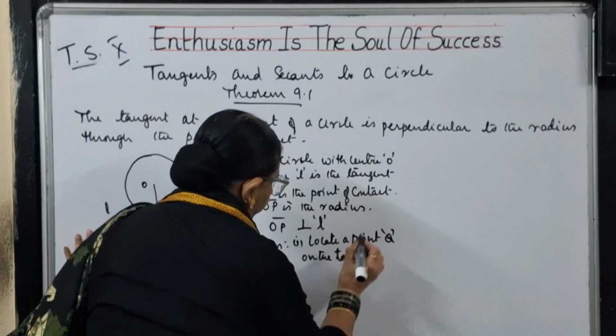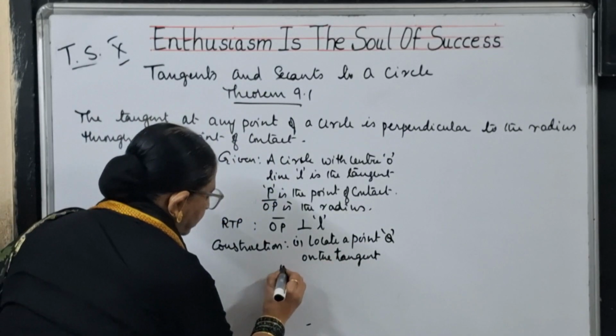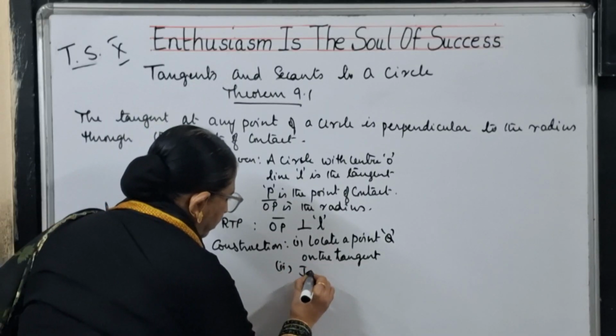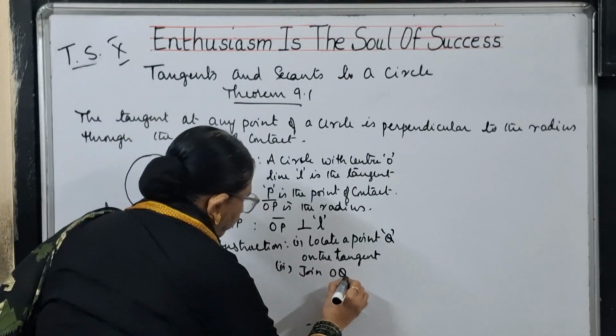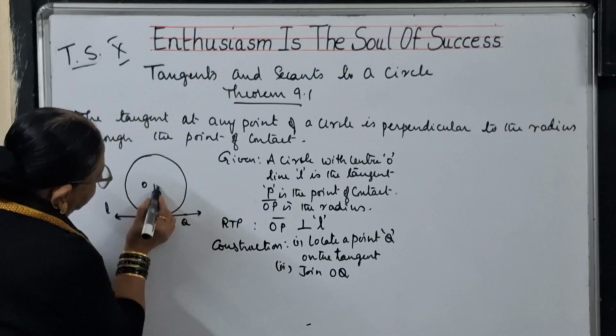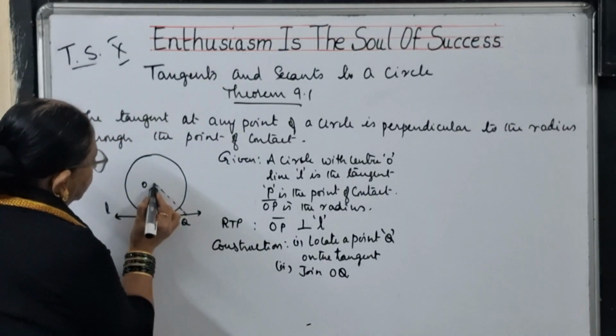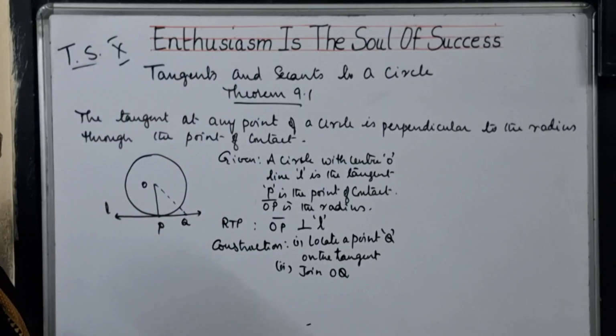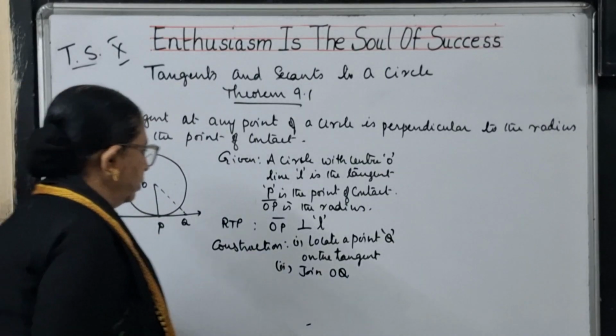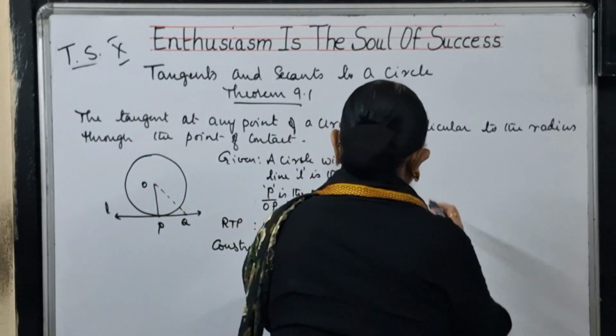Okay, this is the first one. And what is the second one? Join OQ. So I need to join OQ. So construction should be drawn in broken line. So I have drawn like this. So join OQ.